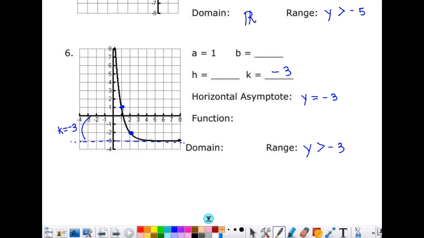It kind of gets all blended with all meshed in together. Okay, or just fix it. It looks like the B is 1, 2, 3, 4. B is 4. Okay, did y'all get B is 4? H is 2, K is negative 3. Because this is decay, we're going to use 1 over 4. And then x minus 2 minus 3, all real numbers.